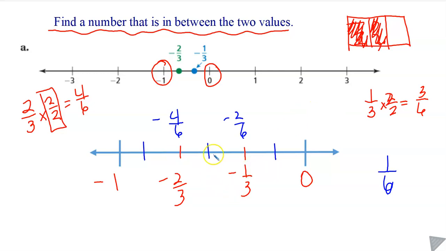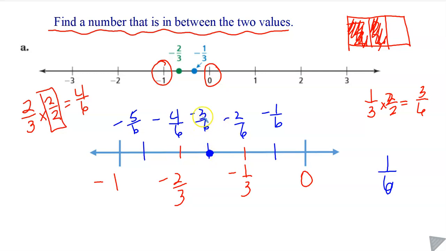So can you see now that I've got a fraction that's right in the middle? And that fraction, if I count by 6, this is -1/6, -2/6, -3/6, -4/6, and -5/6. So now that I've cut these into smaller pieces, right, instead of the red, I now have the blue markings, and I can see that right in the middle, and it doesn't have to be right in the middle, but I notice right in the middle is -3/6.